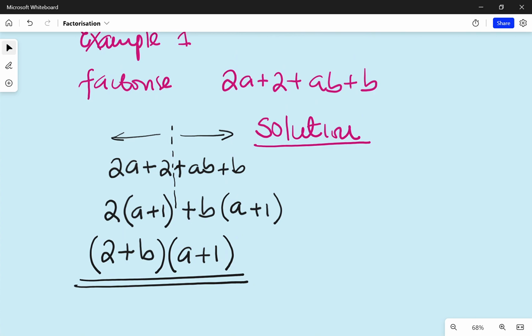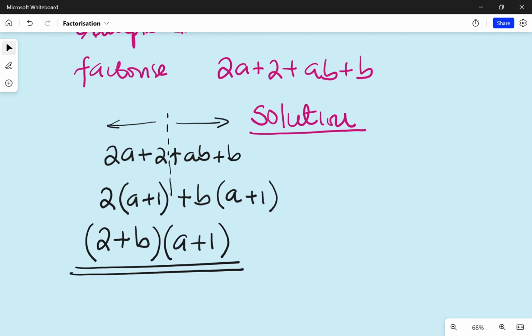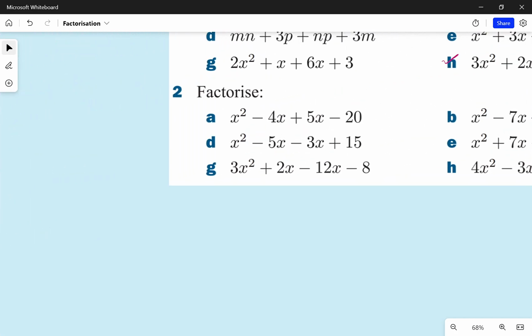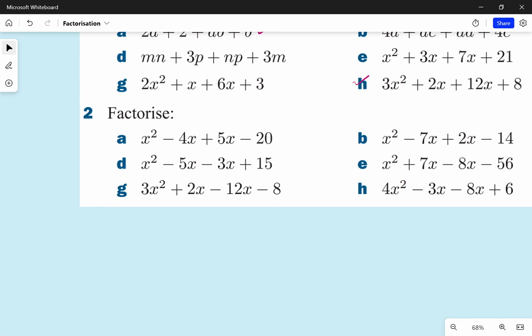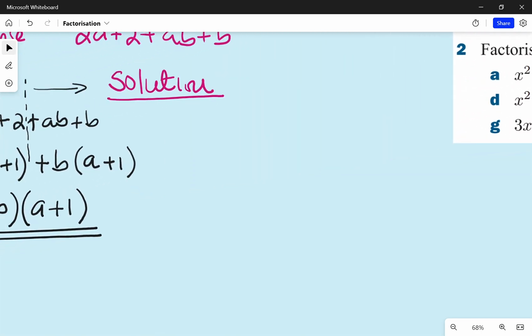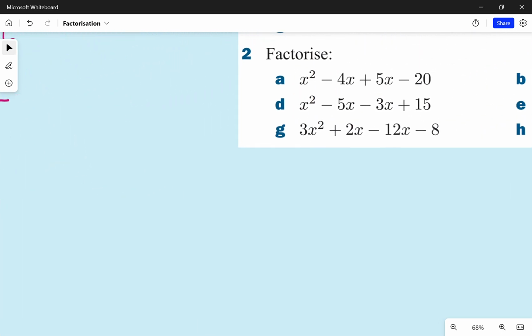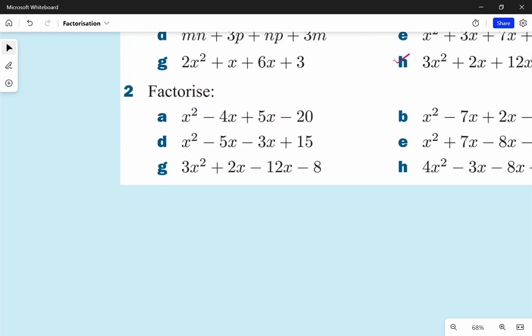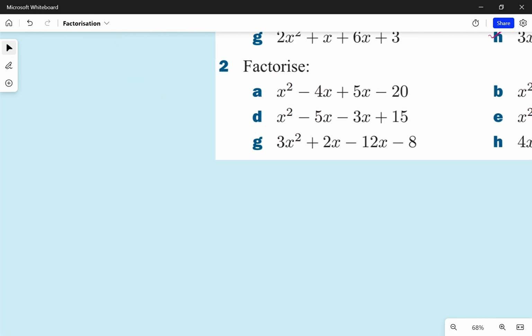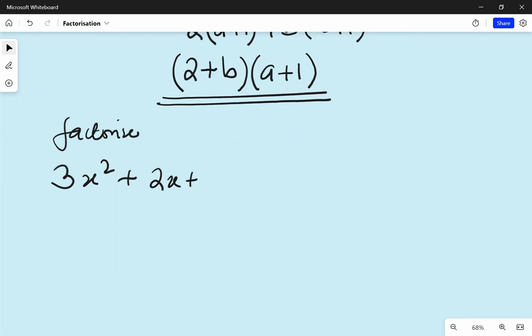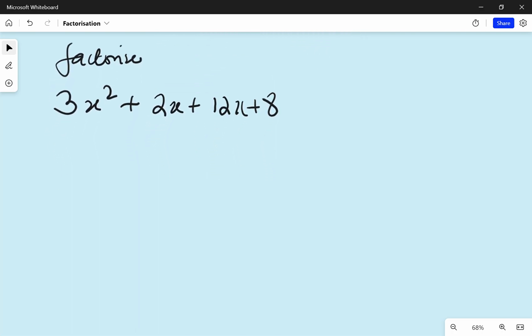Let's look at another question: factorize 3x squared plus 2x plus 12x plus 8. How are we going to factorize that one?